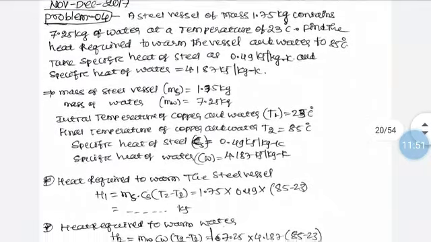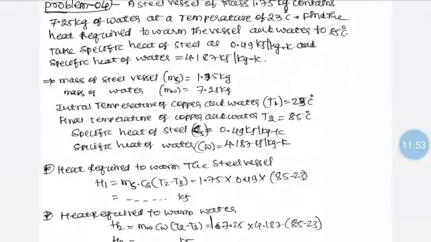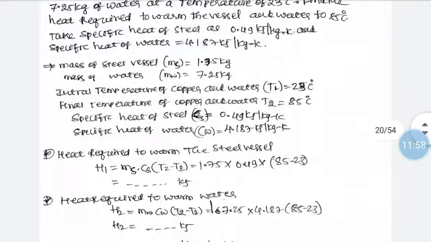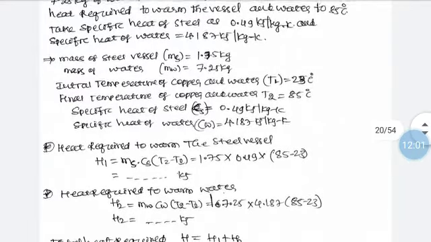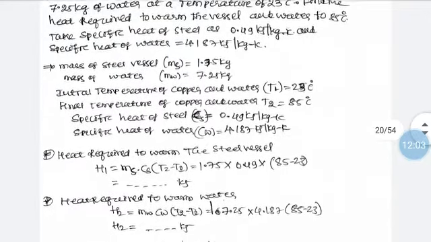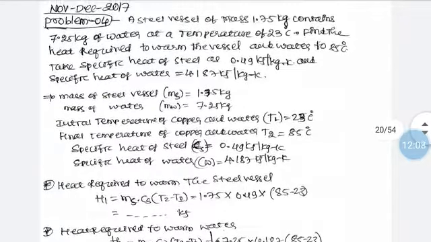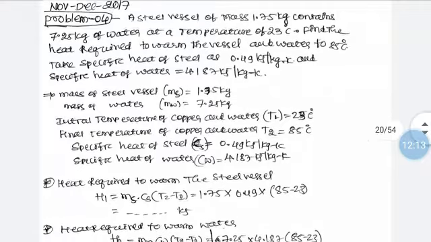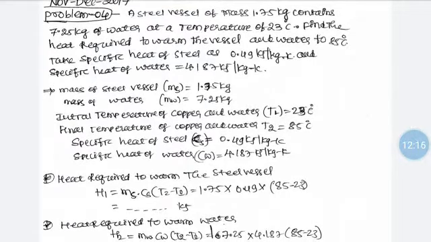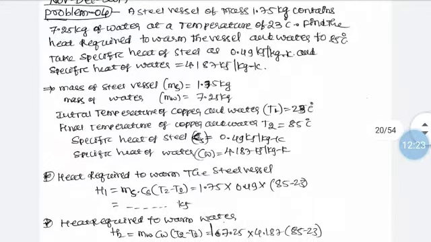So what is the given data? Mass of steel vessel, ms, is equal to 1.75 kg and mass of water, mw, is equal to 7.25 kg. So here the initial temperature of steel and water is T1 is equal to 23 degrees Celsius. Final temperature of steel and water, here it is written as copper, so let me make a correction, it is not copper, it is a mistake.